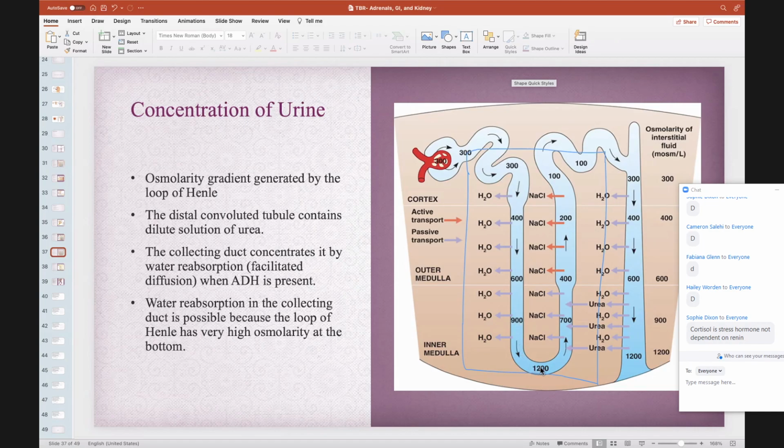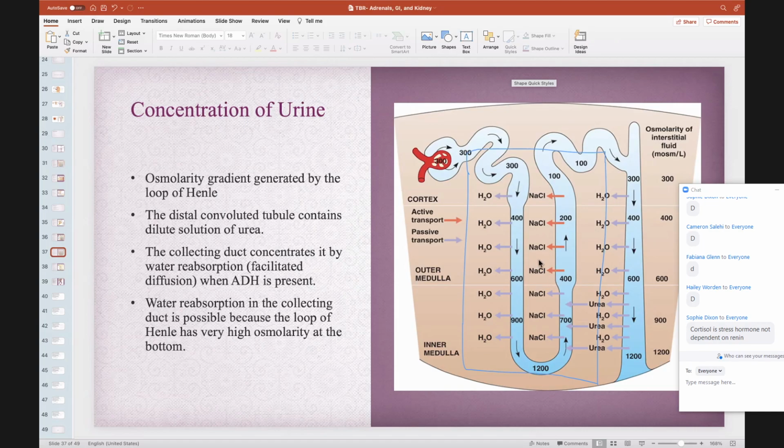We get to the very bottom and we head up the ascending limb. Nothing's changed yet. As we travel up the ascending limb, we hit these active transporters, these sodium chloride transporters on the thick part of the ascending limb. They start actively pumping out sodium chloride. So the longer the loop of Henle, the more sodium chloride you can actively pump out.